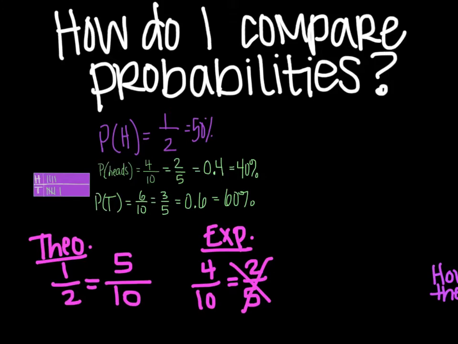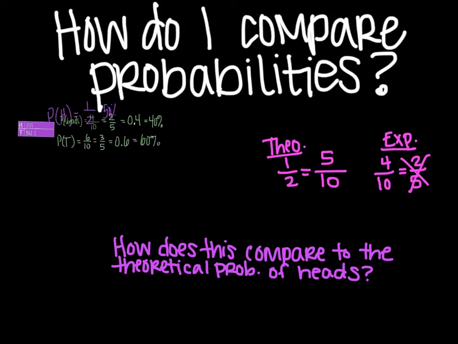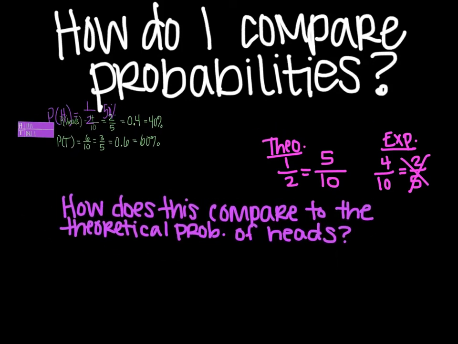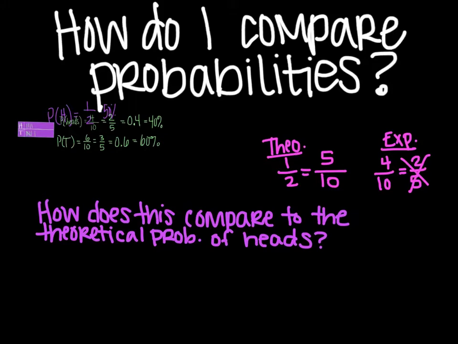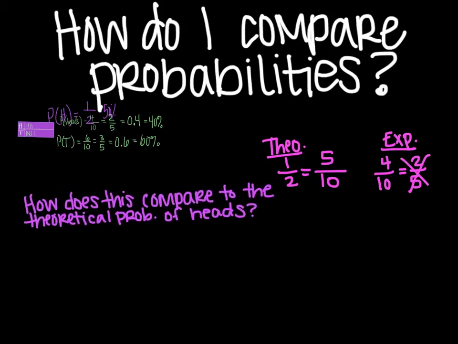So then when I go to compare this information, I'm going to have the question that you see right here. How does the experimental probability compare to the theoretical probability? Or how does the relative frequency compare to the theoretical probability?